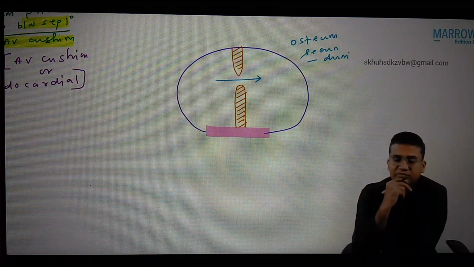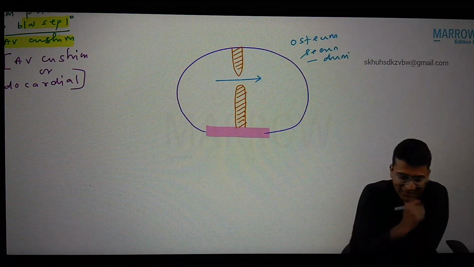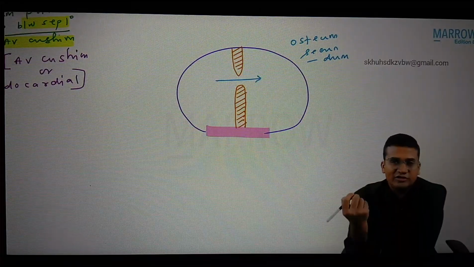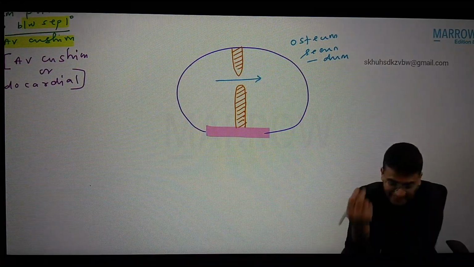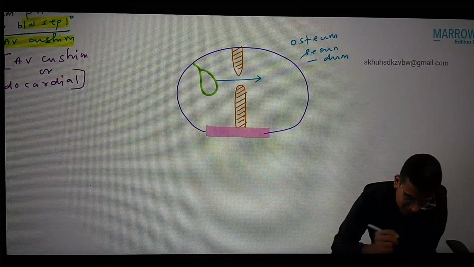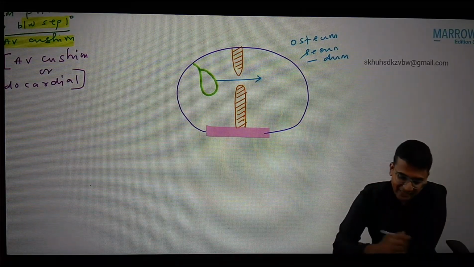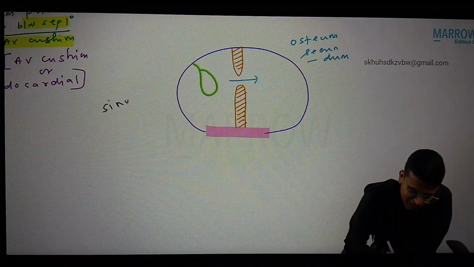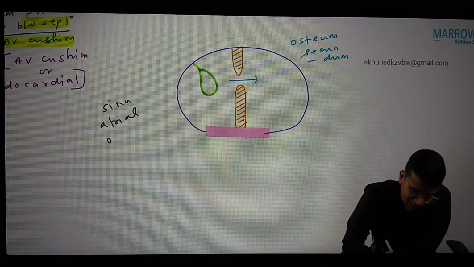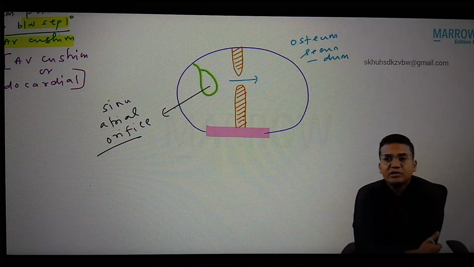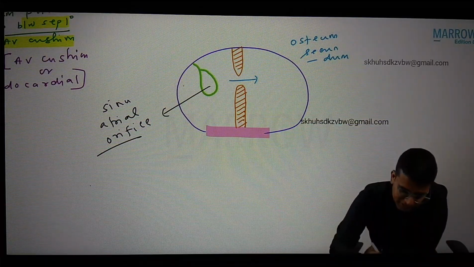Ostium secundum. Okay, right. Now I told you we have the sinoatrial orifice opening into the right atrium. The sinoatrial orifice is guarded by two valves.